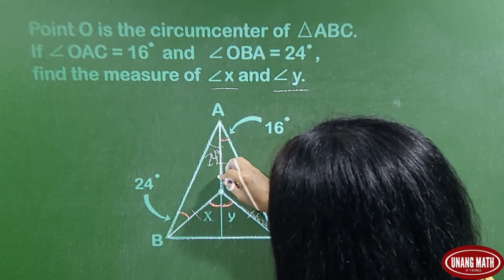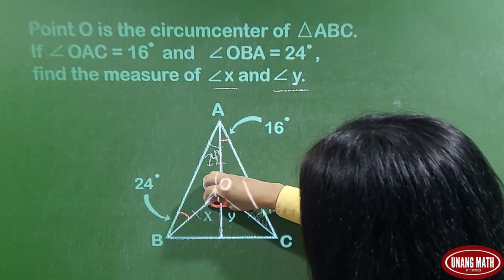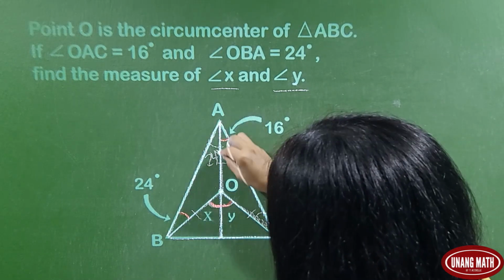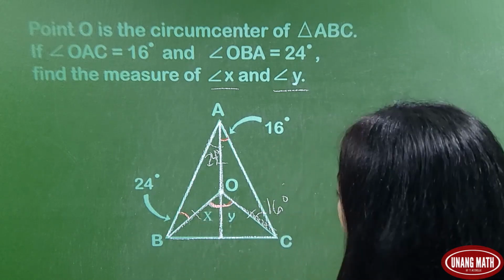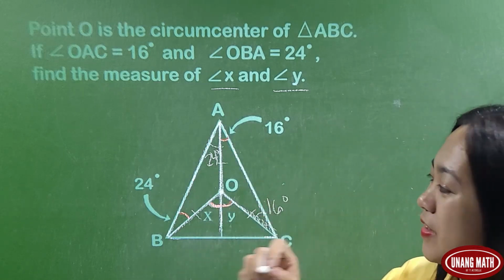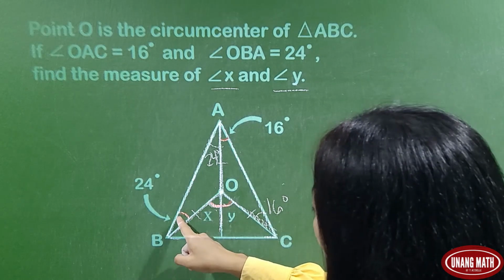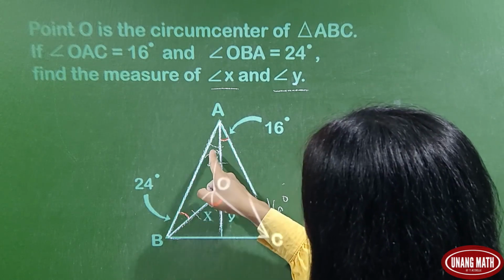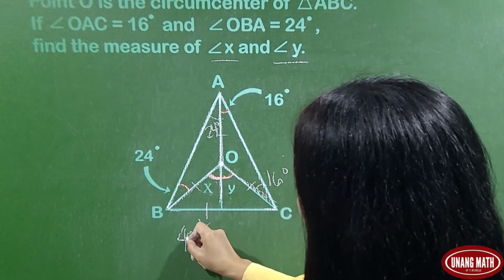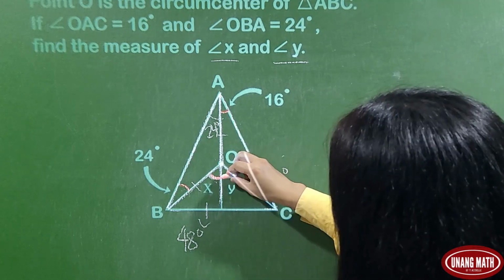If we extend this line, let's find first the measure of angle X. This angle X is the exterior angle of triangle BOA. If it's an exterior angle, it's the sum of the two non-adjacent angles. So 24 plus 24, then angle X is 48 degrees. What about angle Y?